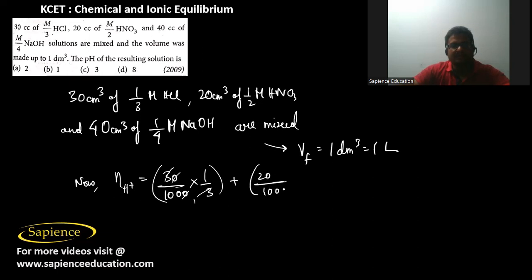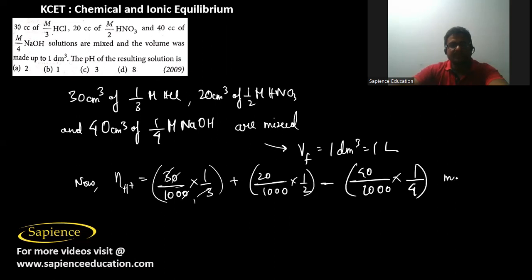So that is 20 by 1000 into 1 by 2, minus, since here we have hydroxide ions, it is a base, so it will reduce the amount of H plus ions. So that will be 40 centimeter cube, that is 40 by 1000 times 1 by 4. So these many moles.